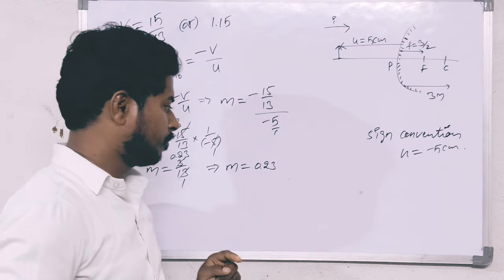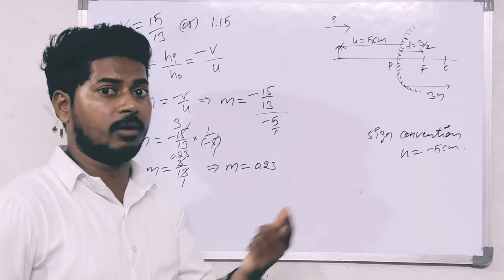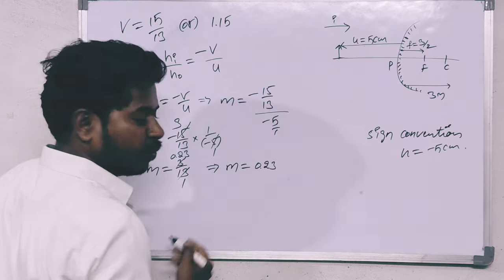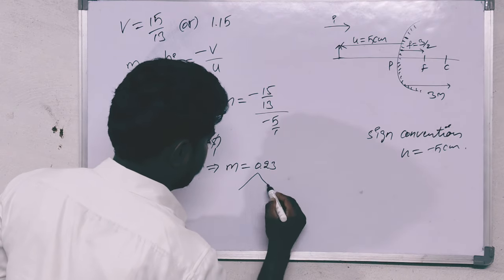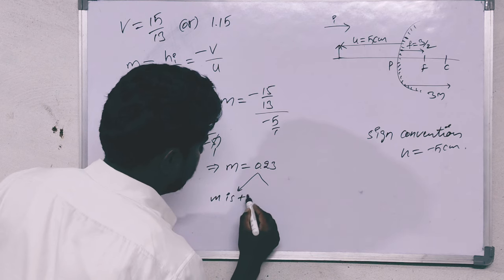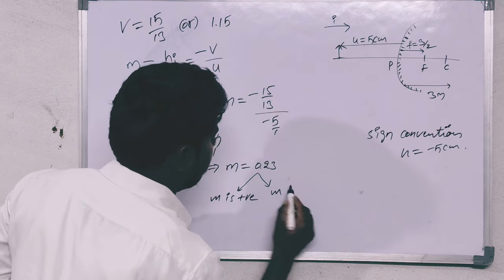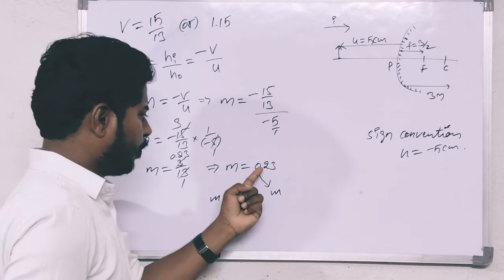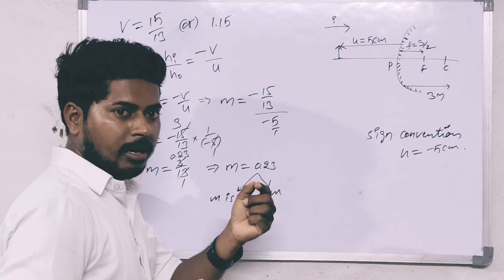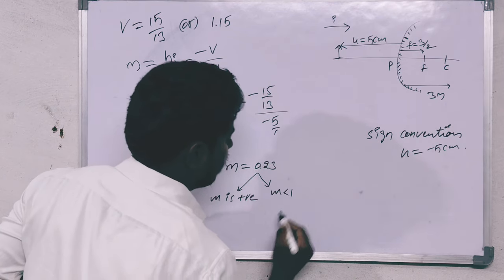Already I told you, when magnification is given, we have to observe it individually. So here M is positive, and M equals 0.23, which is definitely less than 1.